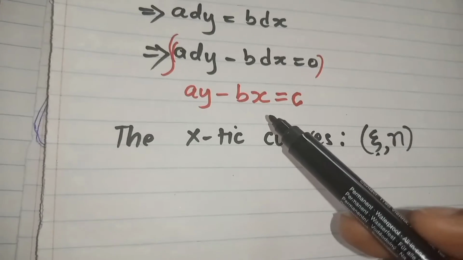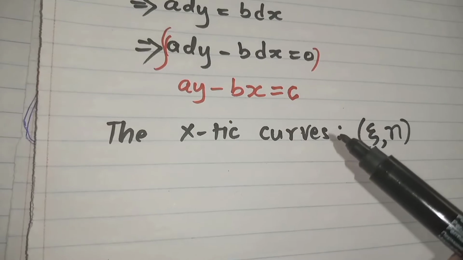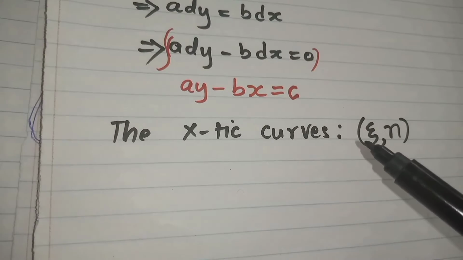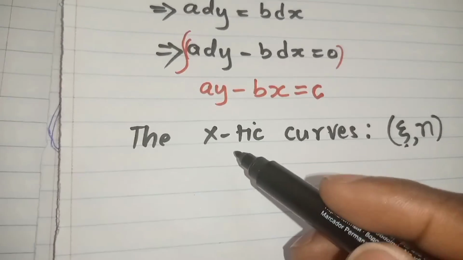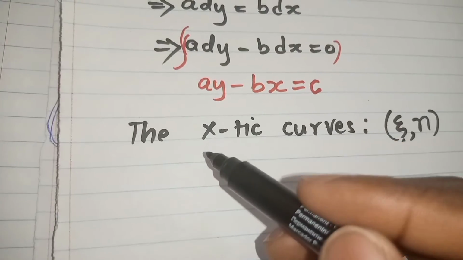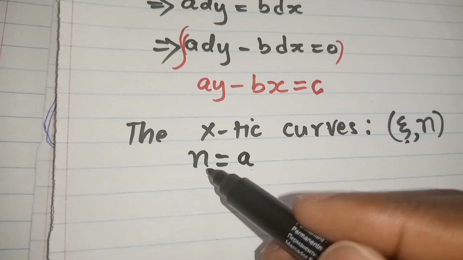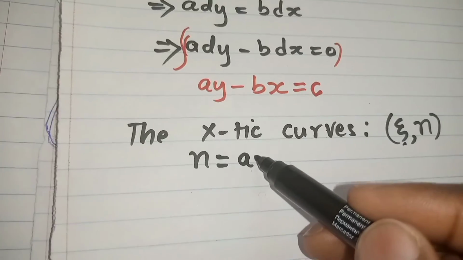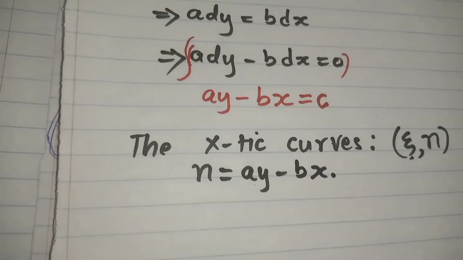But because we have one constant, we can let our first constant be equal to our first variable, or maybe our second one, nu. So for my case, I will let the first constant be equal to nu. So nu is equal to ay minus bx.